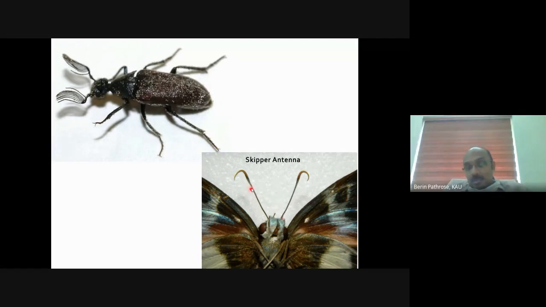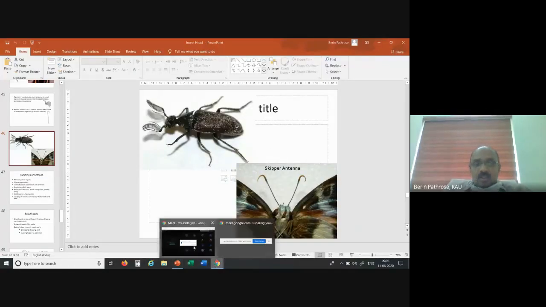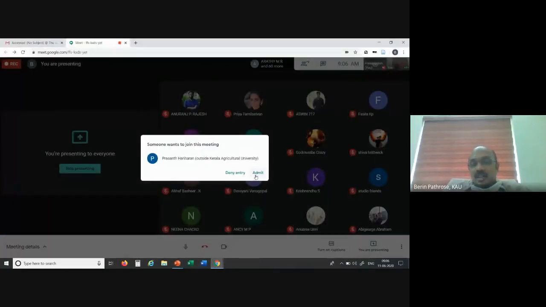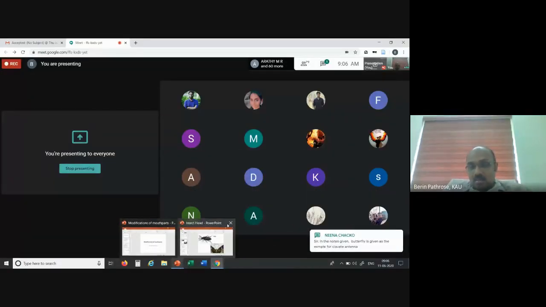Up to this point the size of the antenna segments is the same, afterwards the size has increased. That is a capitate antenna. But the tip of this antenna is modified into a hook-like structure. This is seen in skipper butterflies, so it is called hooked antenna. With this, we finish the antenna part, and we will move on to the next portion.